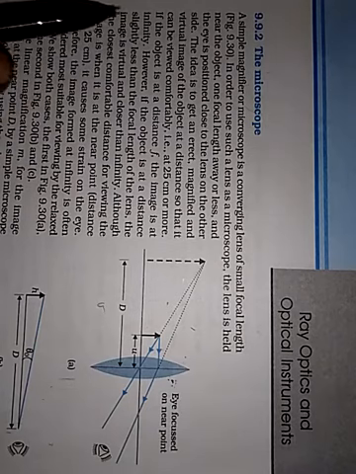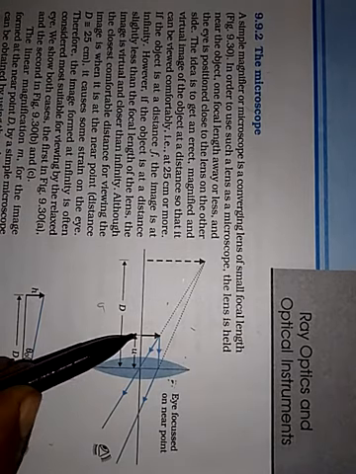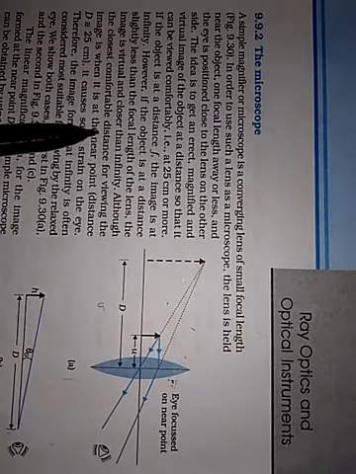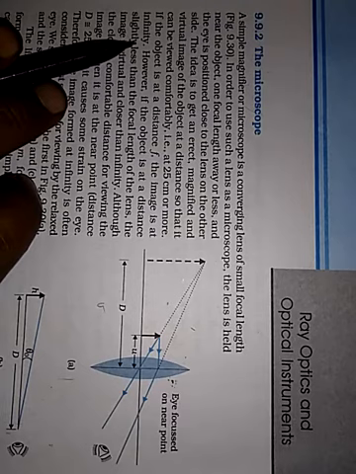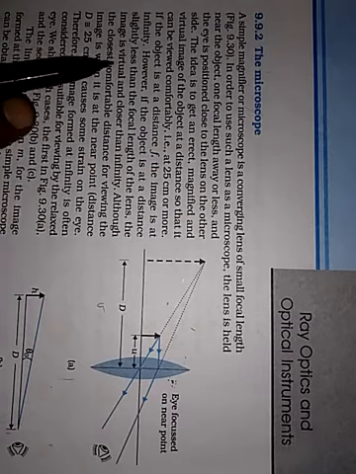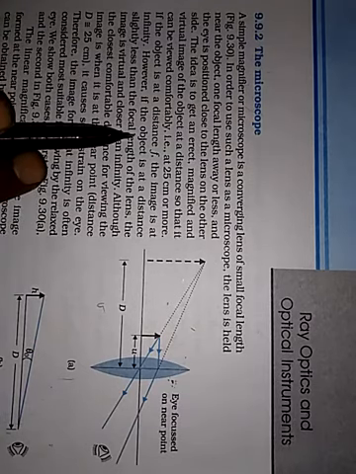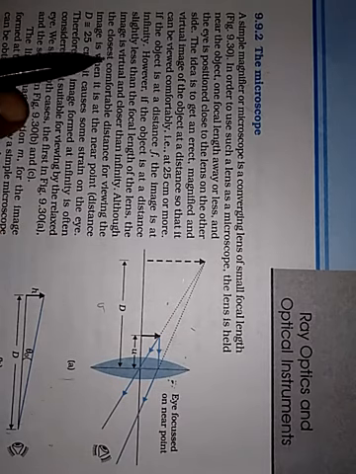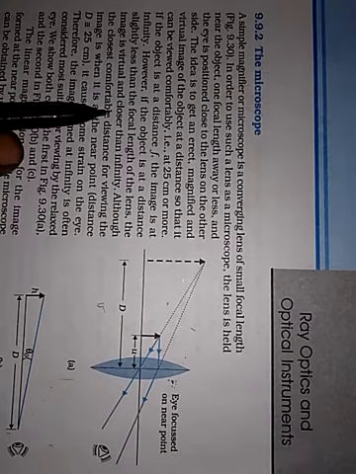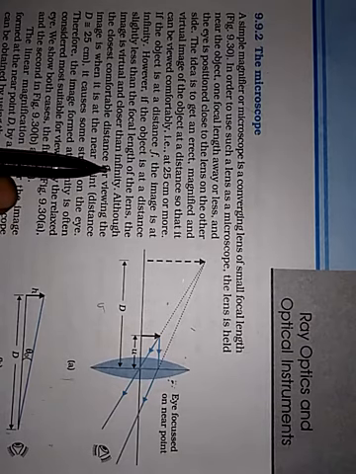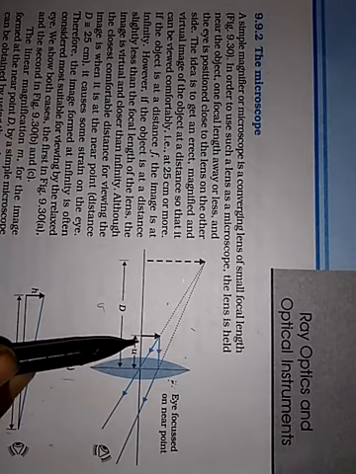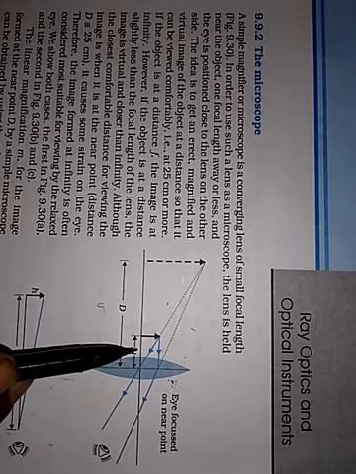That means if you place the object exactly at the focal point, this image will be seen only at infinity. However, if the object is at a distance slightly less than the focal length of the lens, the image is virtual and closer than infinity. So that's why we have to make the object slightly less than the focal distance point.